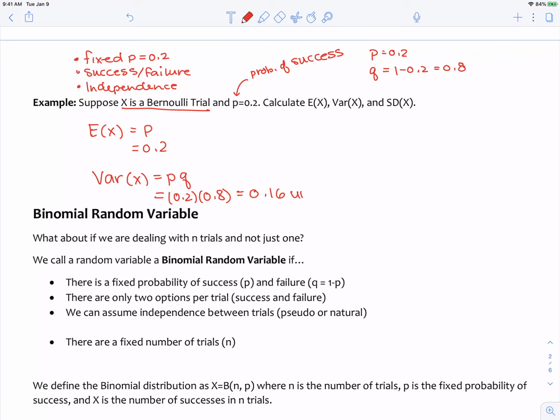In this case, I'm going to add just the label units for my unknown units. In a context, we should know what those units are, but we can go ahead with this. And then we know the standard deviation of X is going to be the square root of 0.16, which should be 0.4. So the square root of 0.16 is in fact 0.4, and we're back to units again.